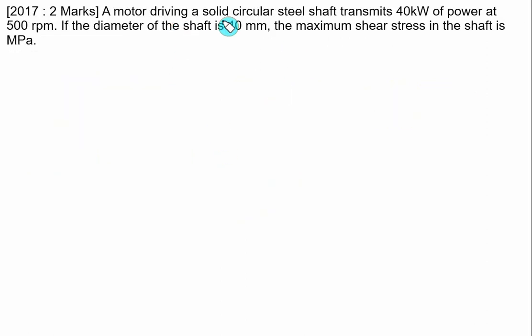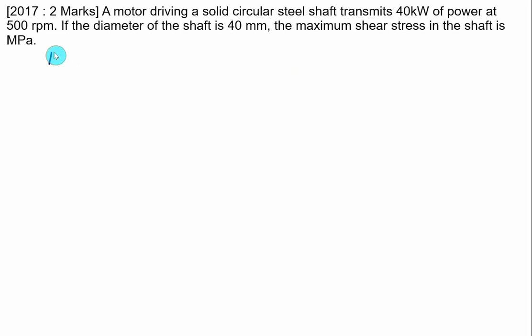A motor is driving a solid circular steel shaft with 3 kilowatt power at 500 rpm. So power is known and the speed is known, so we can calculate the value of torque developed. The diameter of the shaft is 40 and the maximum shear is to be calculated.